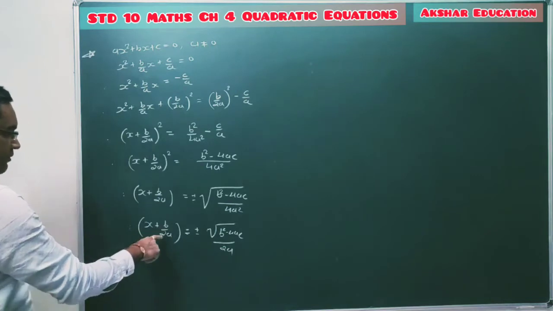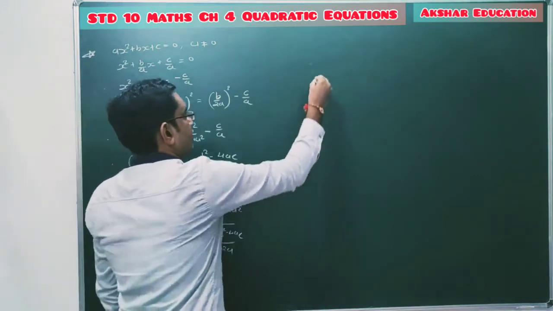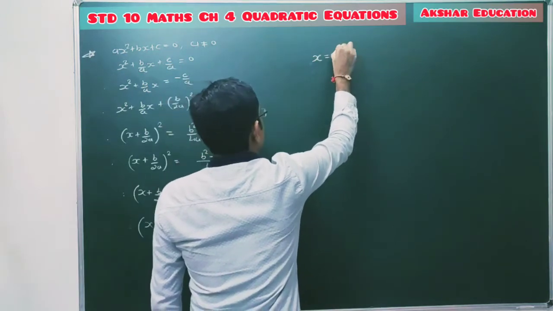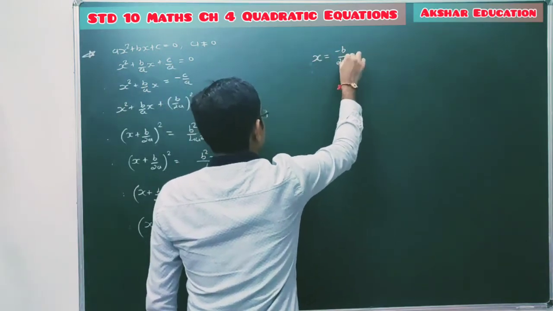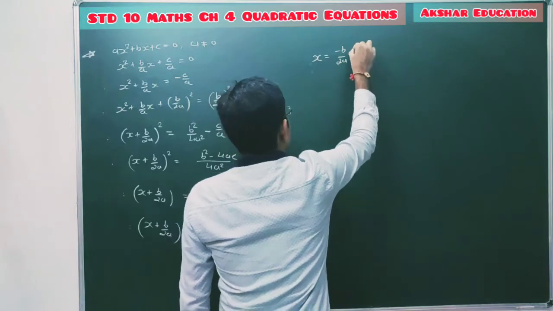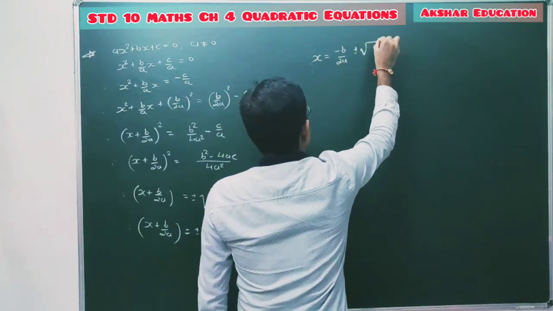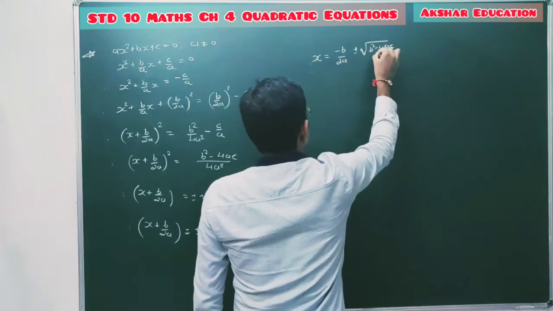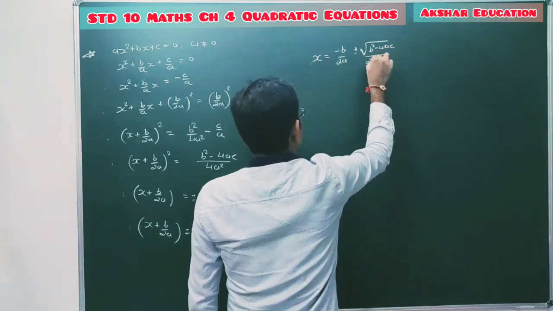Done. Now taking this b by 2a on the right hand side, we get our solution. So x equal to minus b upon 2a plus or minus square root of b square minus 4ac upon 2a.